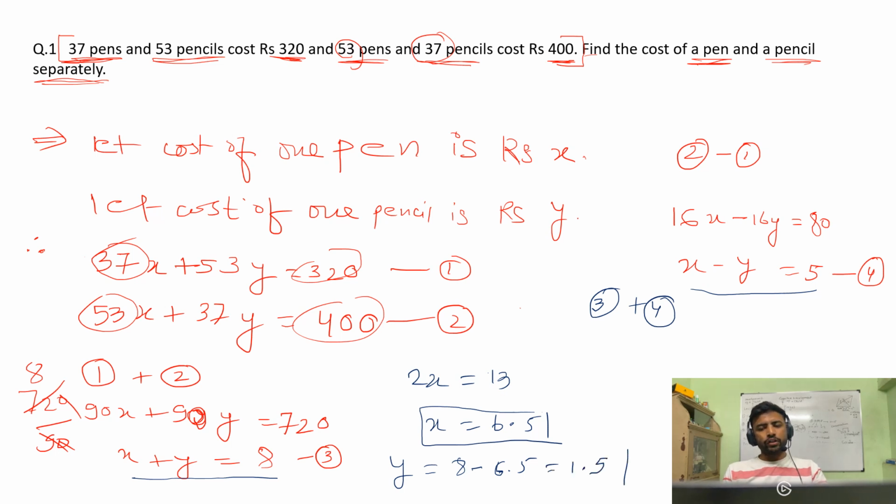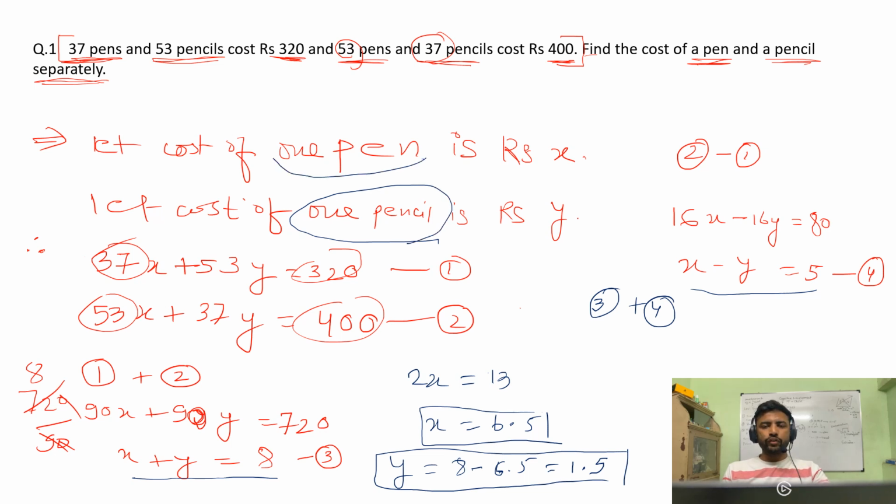So we have got the value of y. So y is rupees 1.5. It means the cost of one pencil is rupees 1.5, and the cost of one pen is rupees 6.5, as simple as that.